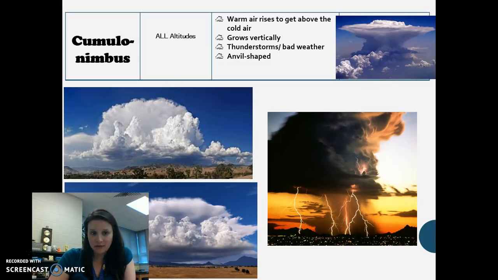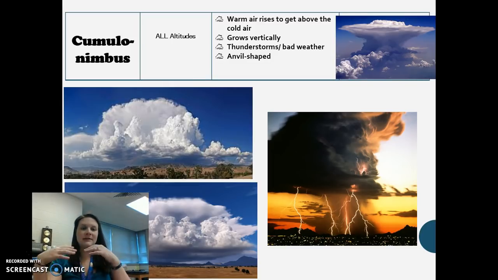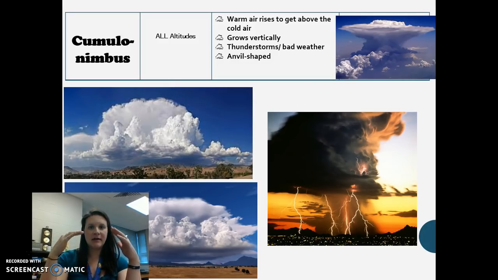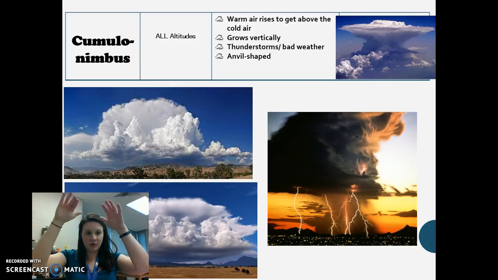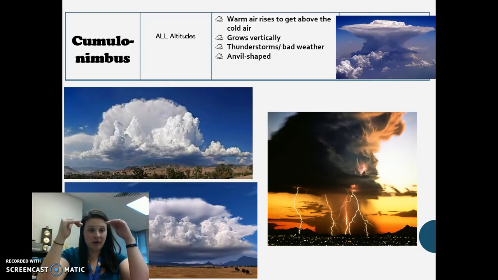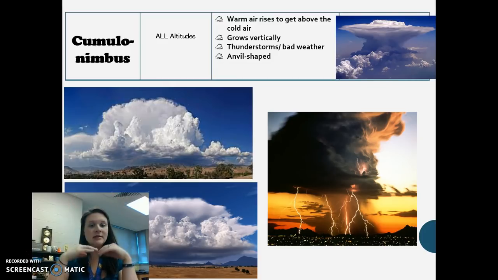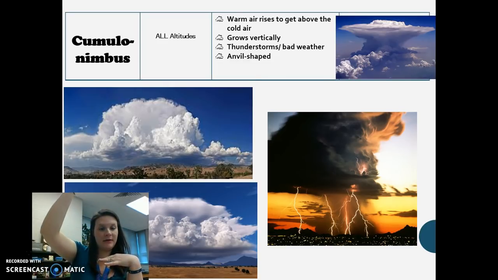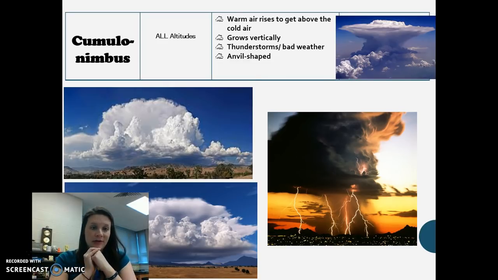So just write down, you'll understand this tomorrow, that what happens is that the warm air is trying to rise up and get above all of the cold air. And that makes the cloud grow vertically. It's the only cloud that grows vertically, which is why it spans over high, mid, and low altitude ranges.